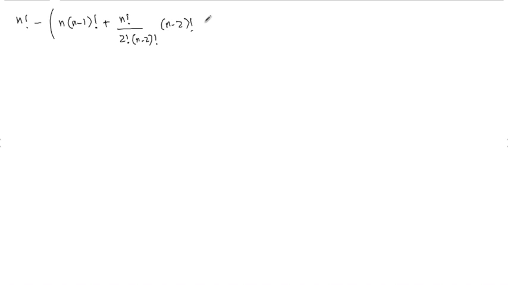Then we say this is a minus here. Okay, so then we say plus minus, and what is our last term? Our last term is (-1)^(n+2), this is n choose n, and then we have (n-n)!.